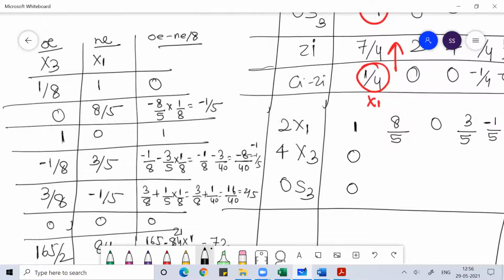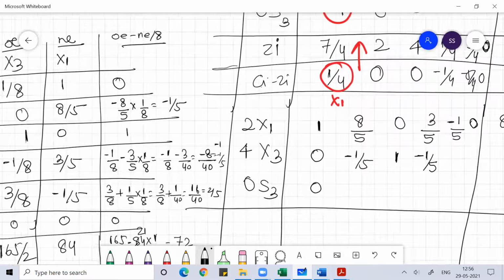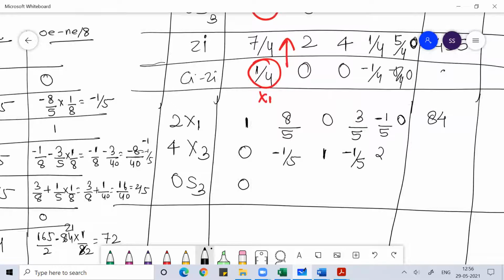This would also be 0 only. Then 0 minus 1 by 5, then 1, then minus 1 by 5, then this would be 2 by 5, 2 by 5, then 0, then 72.